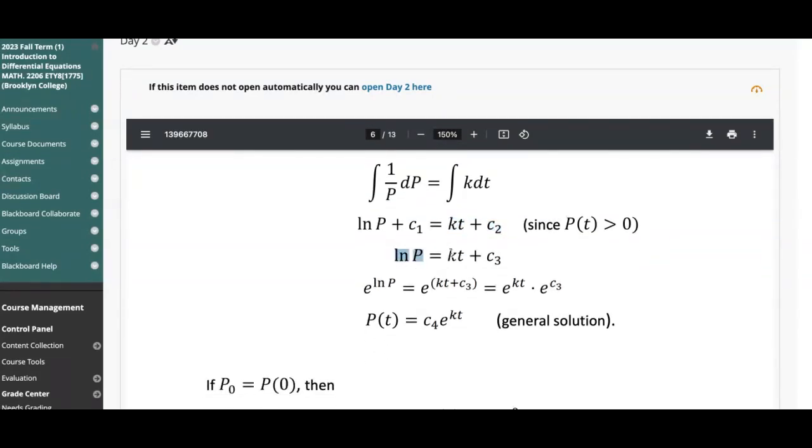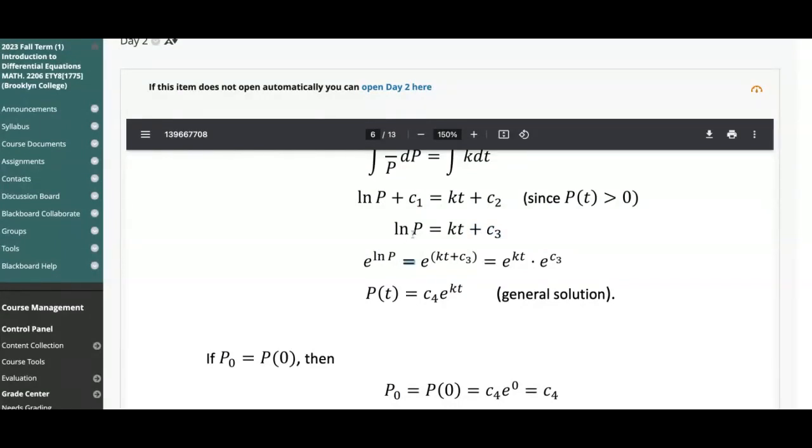So ln p equals kt plus a constant. Then we can rewrite this as p equals e to the kt plus a constant. So e to the ln p is just p.